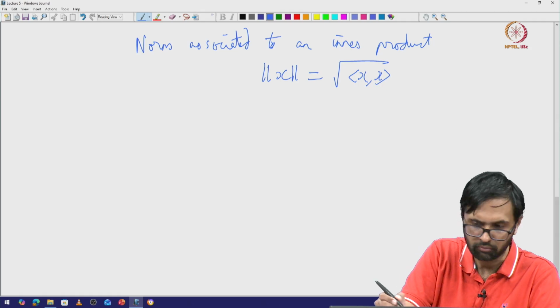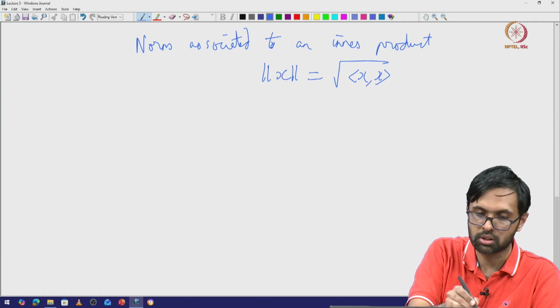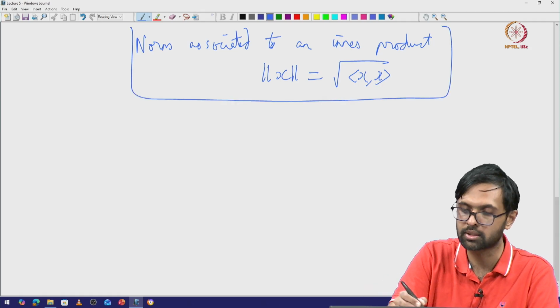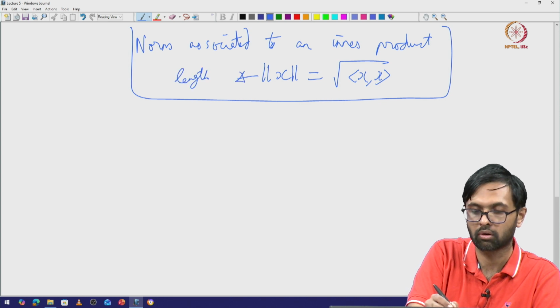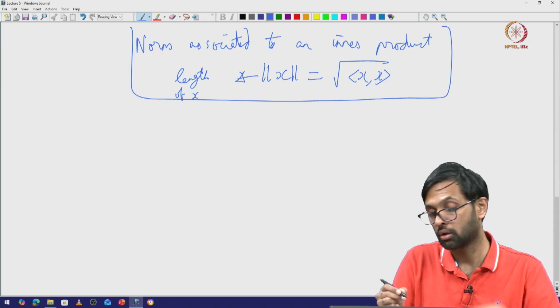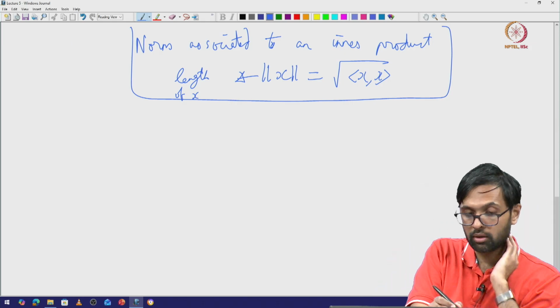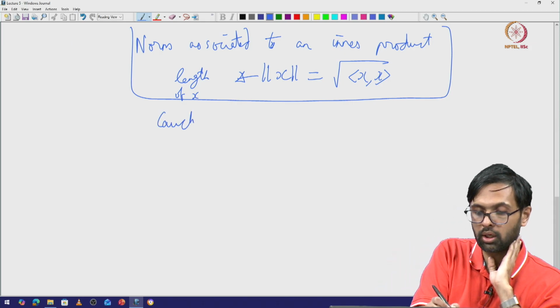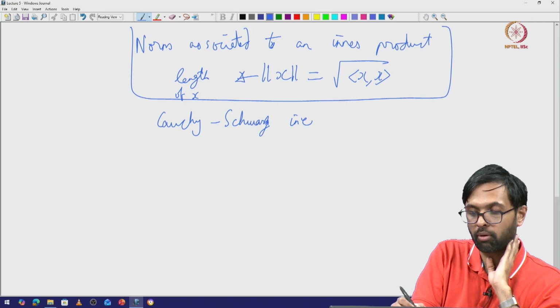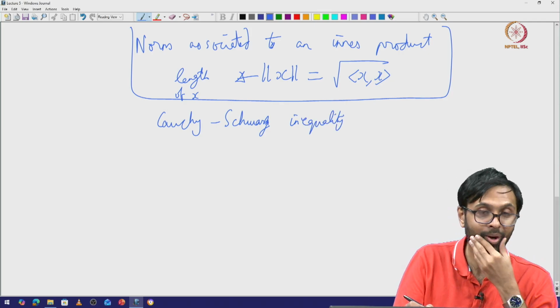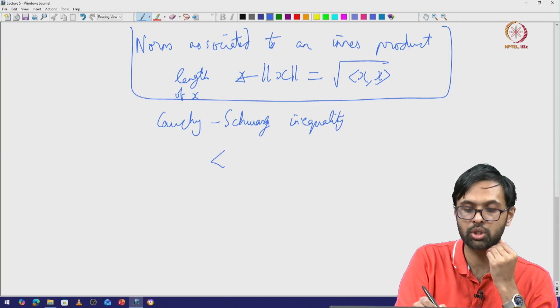Okay. Now the point is, in other words, this is the length of the vector x. Now there is one very important inequality which we will use very often. It's very important for both pure mathematics as well as for more applied things, the Cauchy-Schwarz inequality.